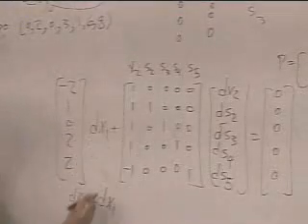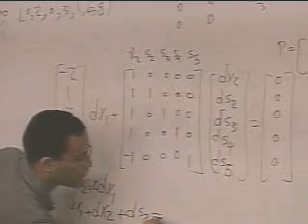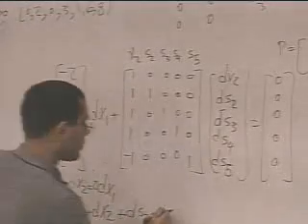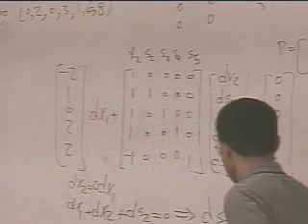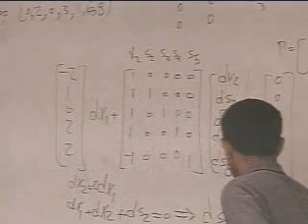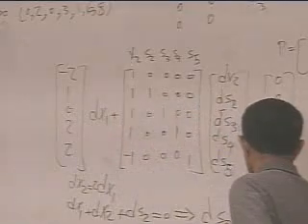This one would give you dx1 plus dx2 plus ds2 equals 0. So ds2 would equal minus dx1 minus dx2.